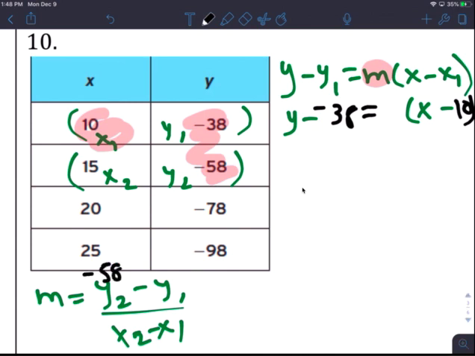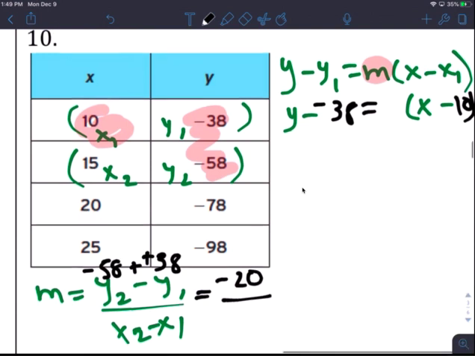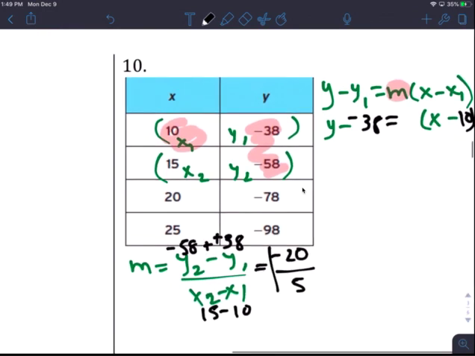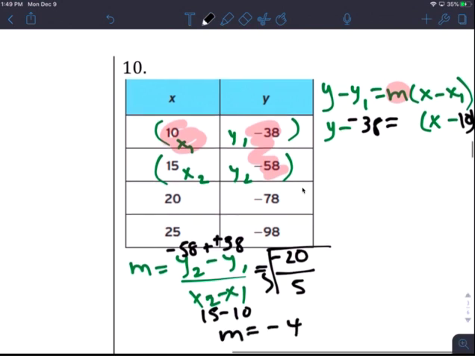Negative 58 minus negative 38, additive inverse, negative 20, over 15 minus 10, which is 5. We divide by 5, you get negative 4. m is negative 4.